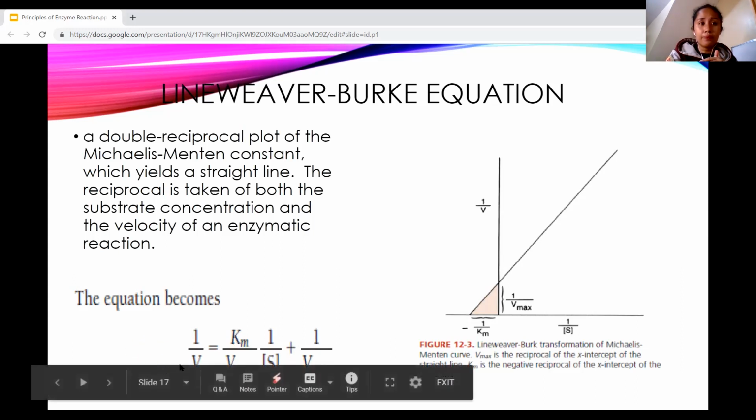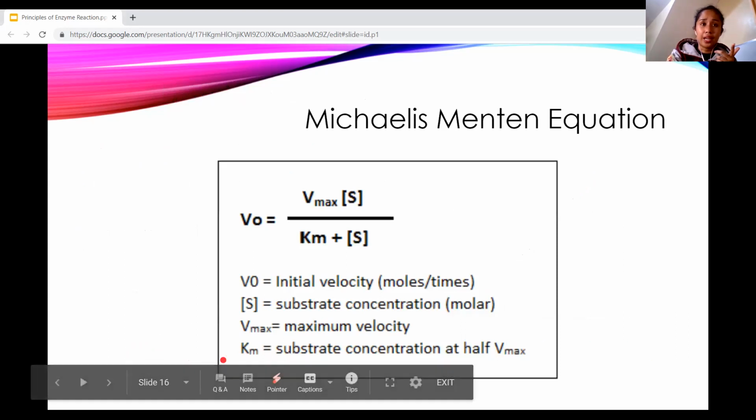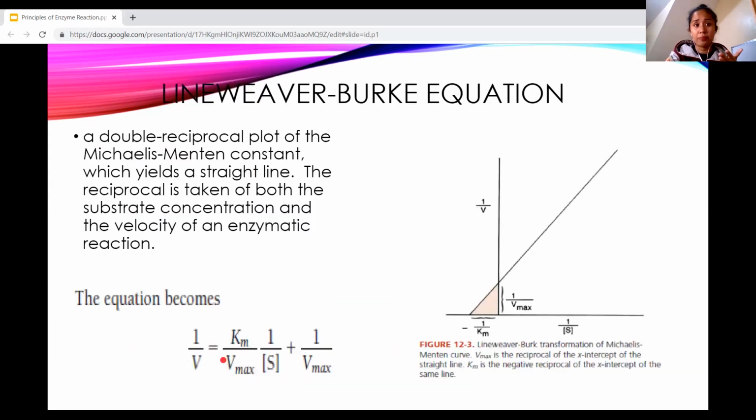So, 1 over V equals Km over Vmax times 1 over substrate, plus 1 over Vmax. The Km that was at the top earlier is now at the bottom, right? Now it is at the top. So, it is a double reciprocal plot of the Michaelis-Menten constant.